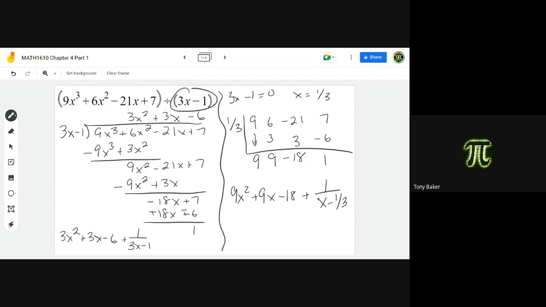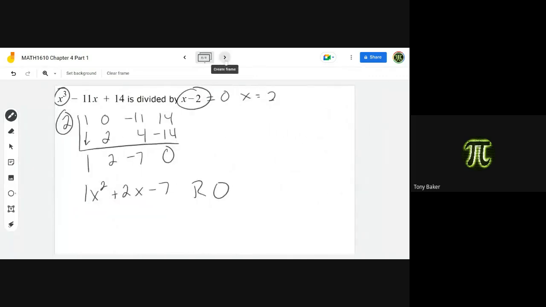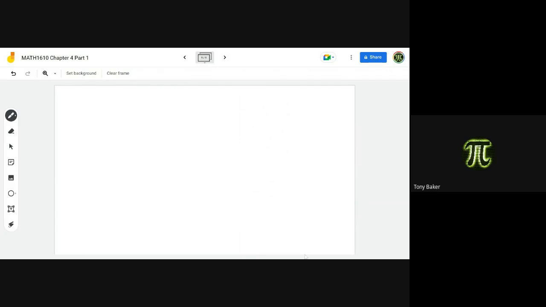All right. Still have time. Now, the question is where are we going to start using this? There are a couple of theorems that we will use this for. So when we're looking at here, this is the remainder theorem.